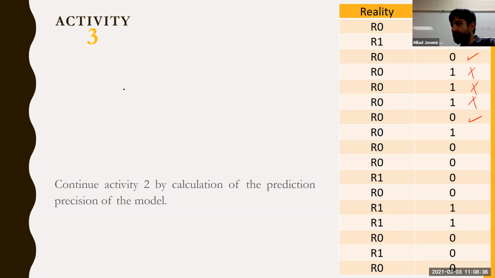So start doing this activity, and after ample time, I will do it in front of you. Now do it on your own and try to calculate the precision of the model you have with a frequency table.